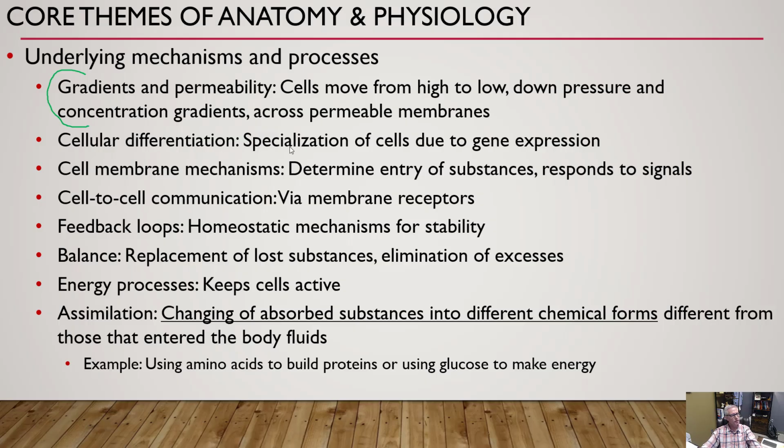Cell differentiation: specialization of cells due to genetic expression. All cells contain a nucleus, with the exception of red blood cells. And all nuclei have the exact same DNA in them, but gene expression is what makes a kidney cell, which is very different from a nerve cell, which is very different from a liver cell.